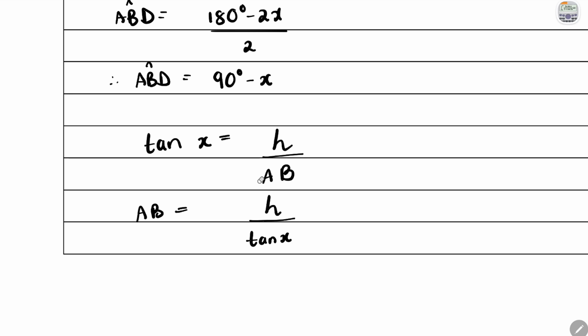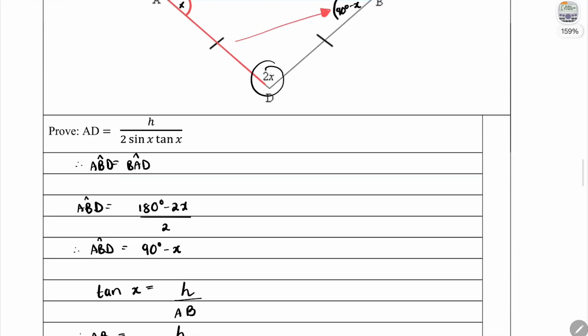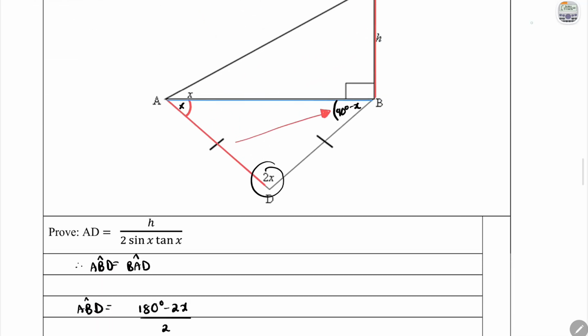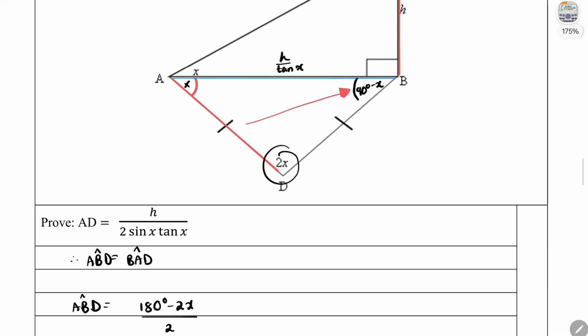I'm just seeing it as transposing the AB, and then it goes to the numerator, transposing the tan x and it goes to the denominator. So this is what we have for AB. And now finally we can use the sine rule here. We're trying to find AD, so we'll say AD over sine of the angle opposite it.